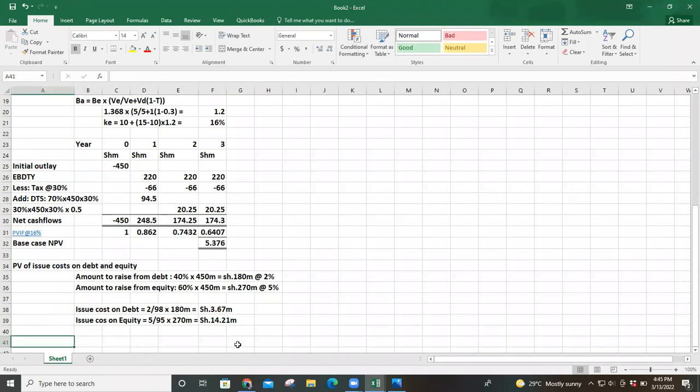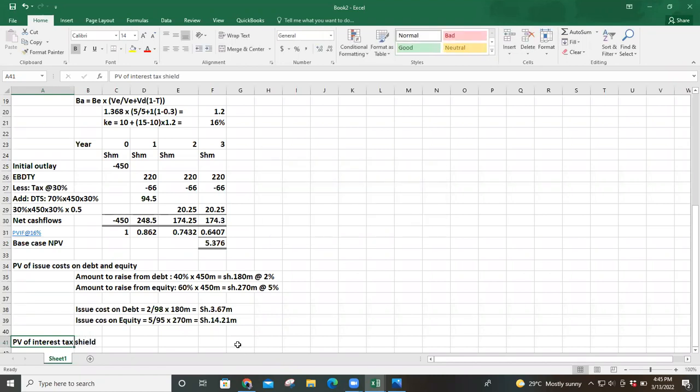So step number 2 is done. Step number 3, we need to get the present value of interest tax shield.